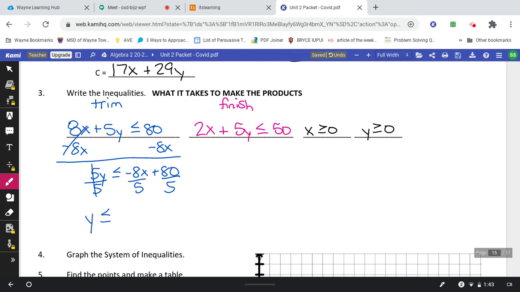Y is less than or equal to negative 8/5 x. Negative 8/5 cannot be divided, so I'd rather leave it as a fraction. Then you can grab your calculator and do 80 divided by 5. That should get you 16.